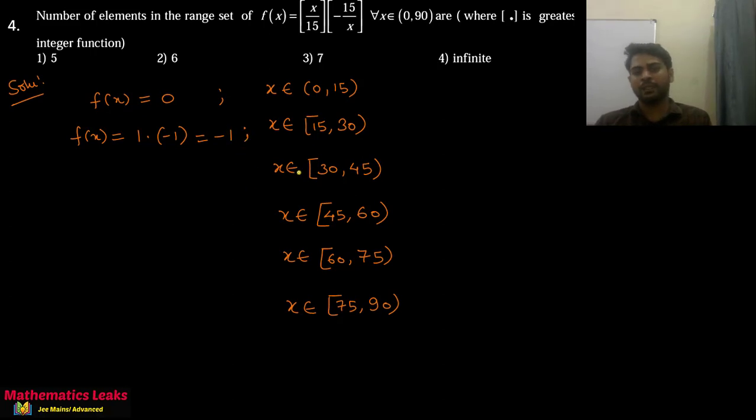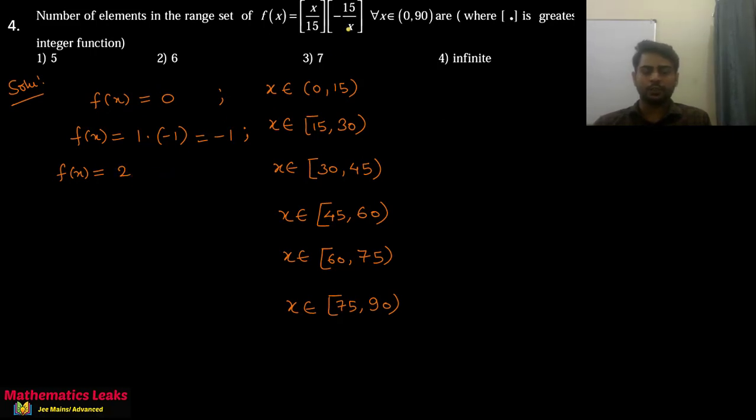Similarly, when x is in the closed interval 30 to 45, the first quantity at 30 dividing by 15 is 2. And when x is between 30 and 45, since at 45 dividing by 15 it would be 3, but the quantity is between 30 and 45, it will be 2 point something, greater than 2 but less than 3, so its greatest integer will always be 2.